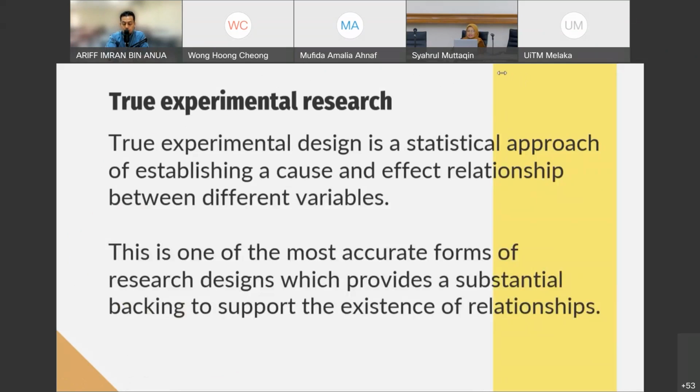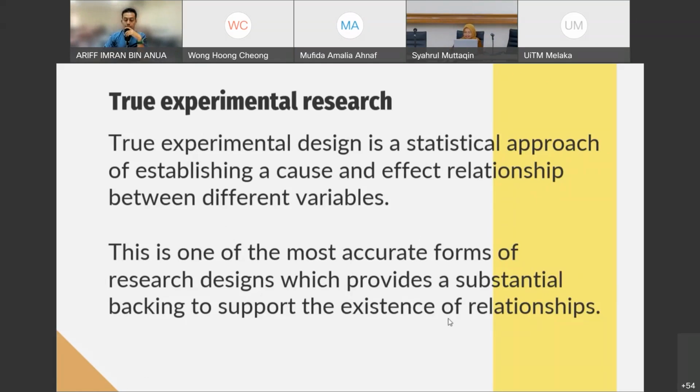This kind of design is a statistical proof to establish a cause and effect relationship between different variables. This is one of the most accurate forms of research design, which provides a substantial backing to support the existence of the relationships. Why can we say so?